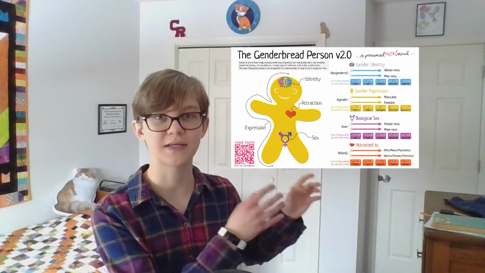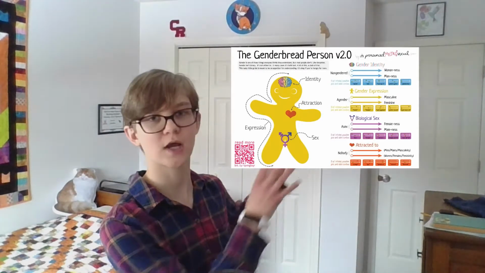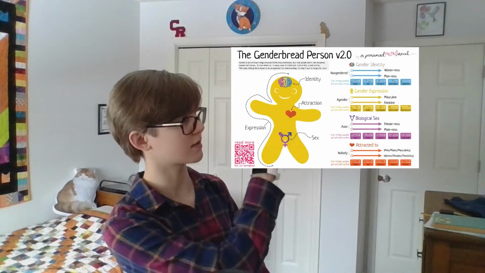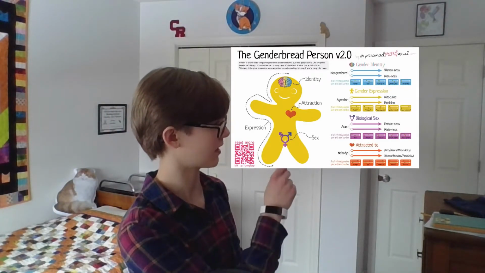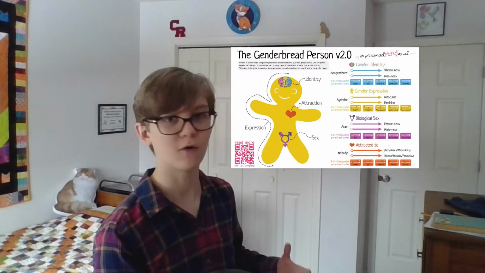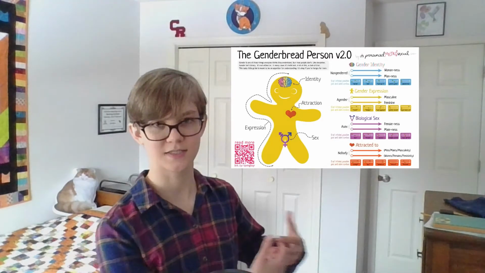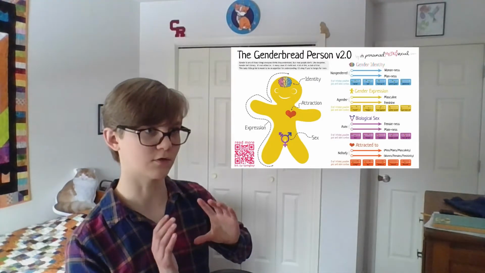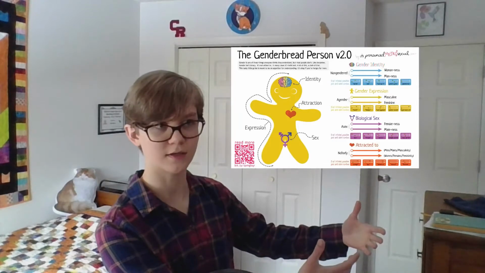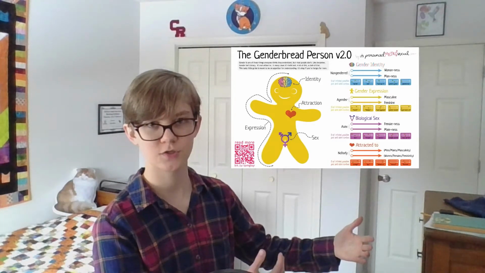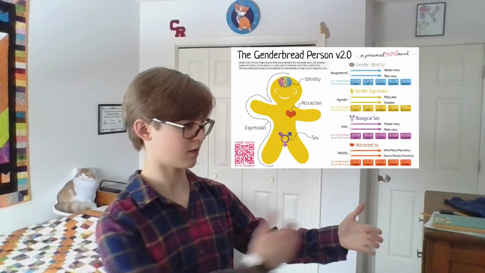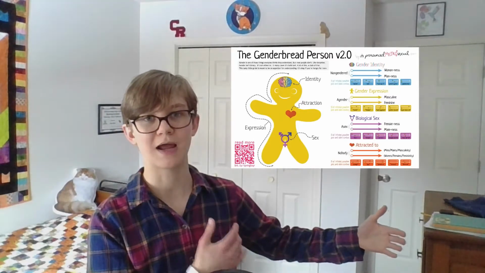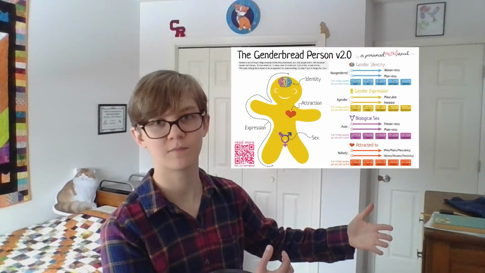It's not something that is set in stone. It's not a checkbox of, oh yes, I like females, oh yes, I like males. No. It has a scale from 0 to 100 basically of how much you like a female or identify as a female.